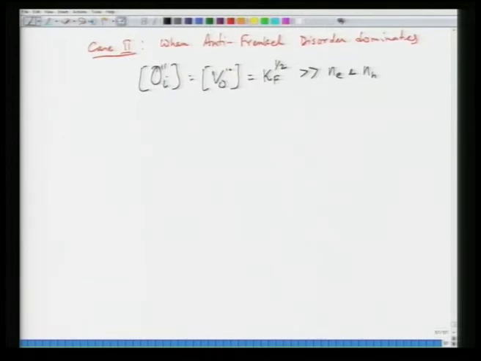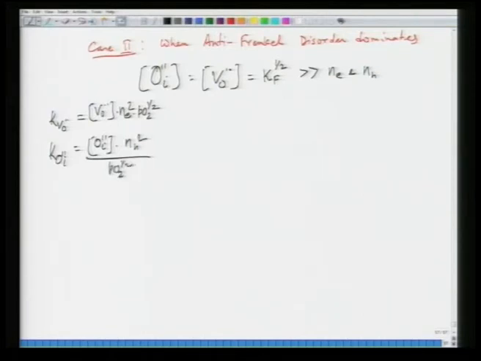So, I know that for KVO I had VO multiplied by Ne square multiplied by PO to the power half. Okay. And for KOI I had OI multiplied by NH square divided by PO to the power half. So, now since OI and VO are independent of partial pressure of oxygen, but Ne or NH is much smaller than these two, they will be dependent on it.